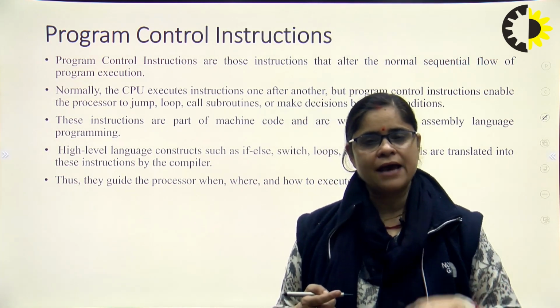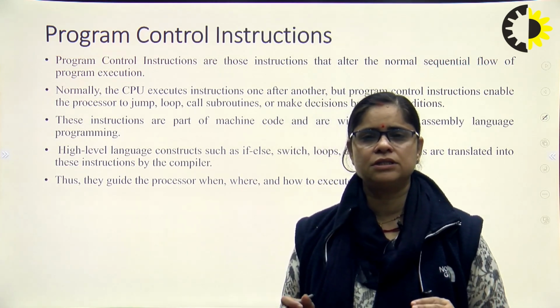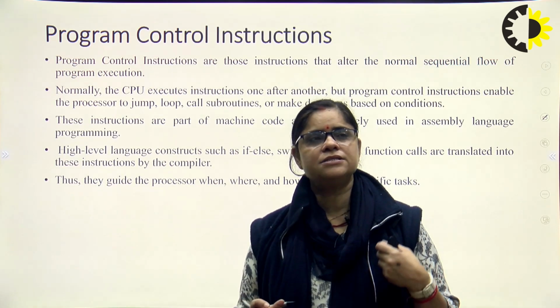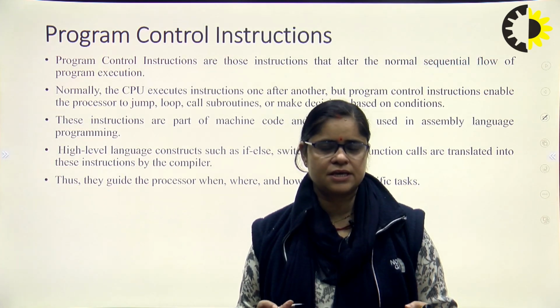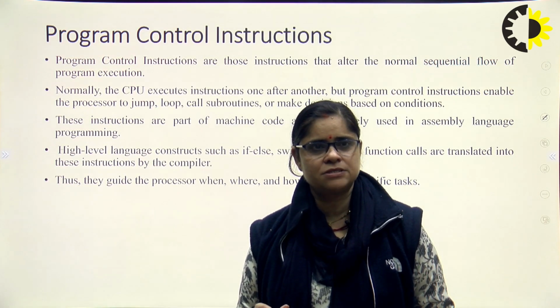We know that the CPU executes the instructions one after the other. But when we are discussing program control instructions, as the definition says, they alter the normal sequential flow of the program execution.